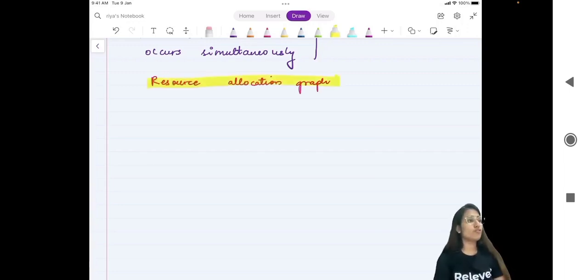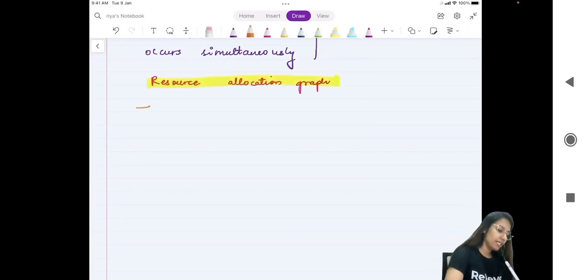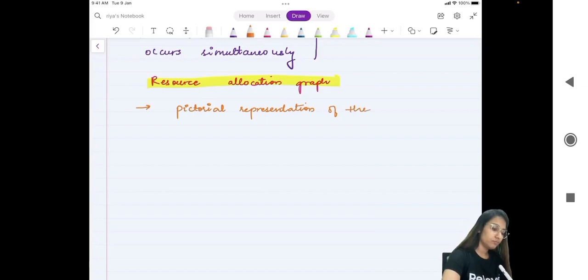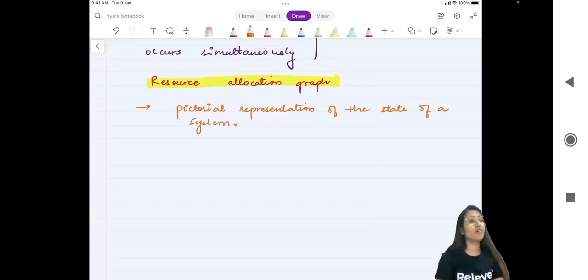Whenever we talk about a resource allocation graph, it is mainly a pictorial representation of the state of a system.